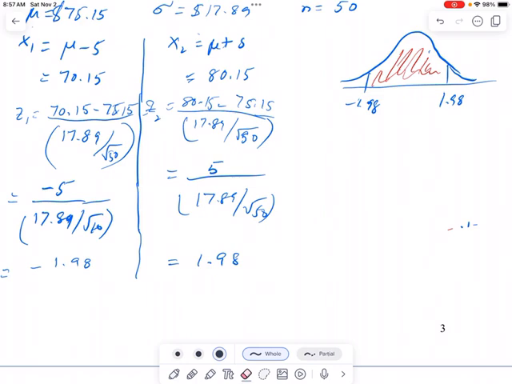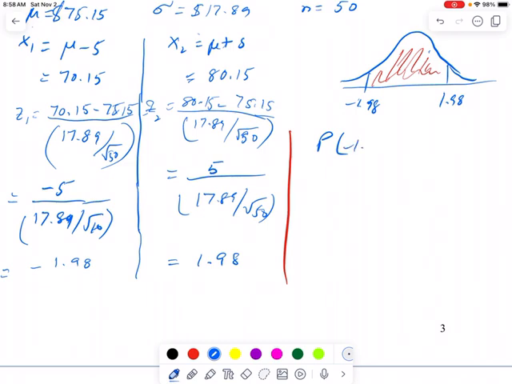This is what we want to find: the probability that negative 1.98 is less than z is less than 1.98. Now if I put an equal to sign here, will it change my answer? No. Remember, this is a continuous distribution, so putting equal to or not putting equal to sign doesn't change the answer.